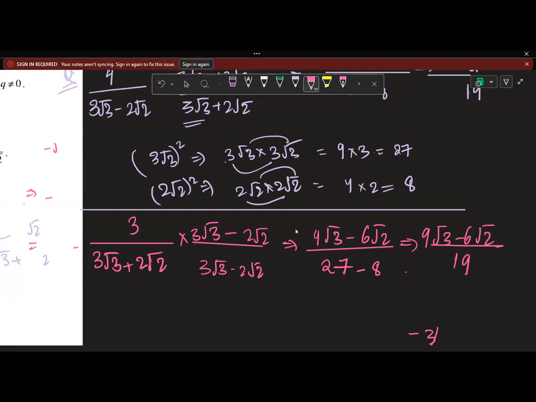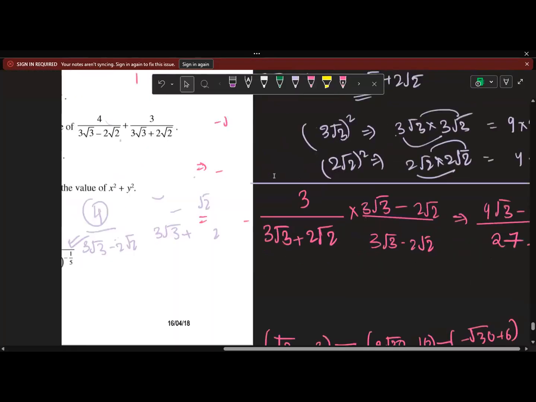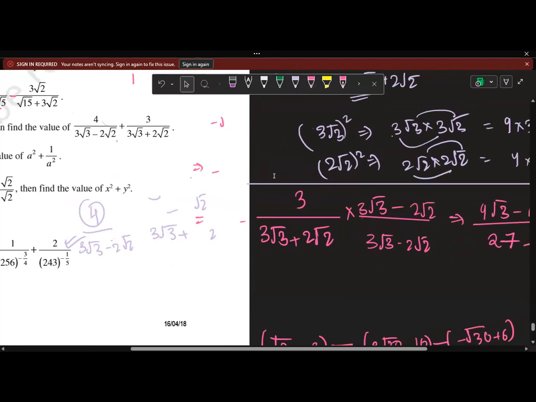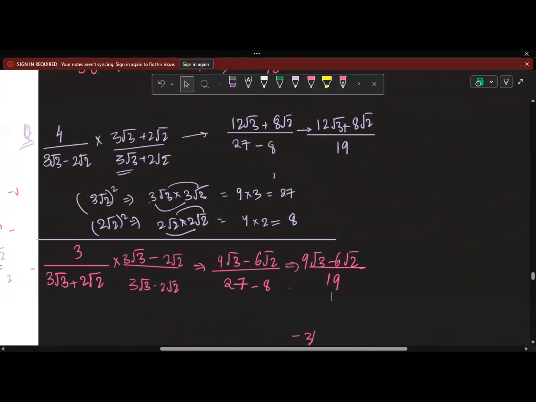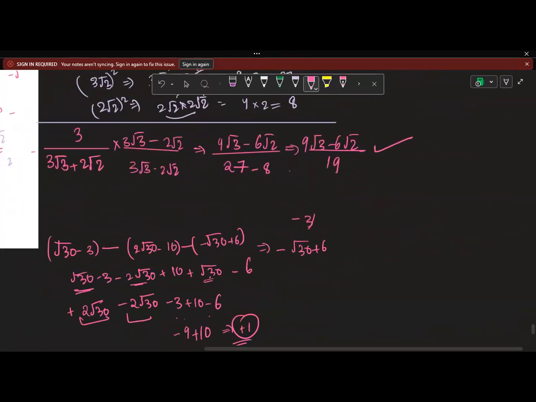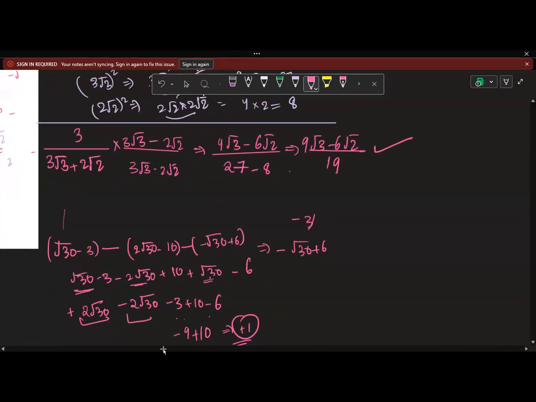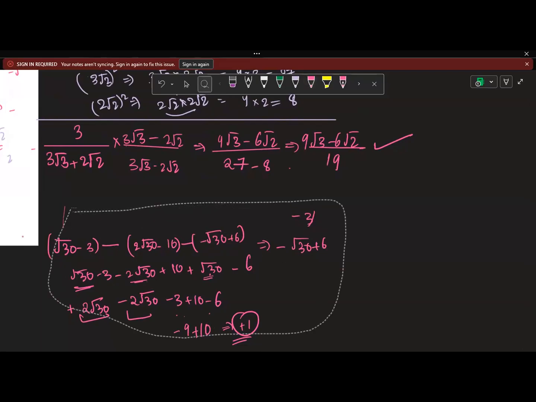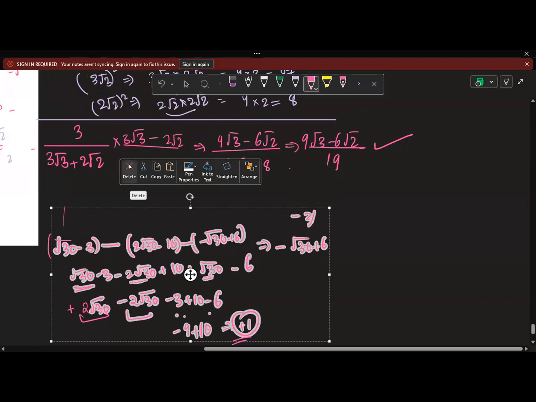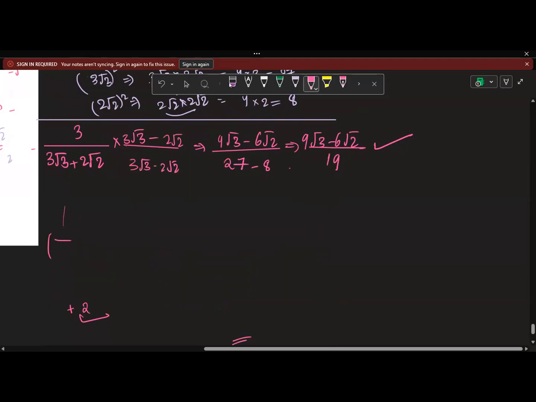Okay. 19. Now, children, what was the actual question? The actual question was you add both of the answers. So just add both the answers. Okay, just add this one and this one. What do you get? 12 root 3 plus 8 root 2. And then what should we do with the 1.414? Root 2 equals 1.414, right?